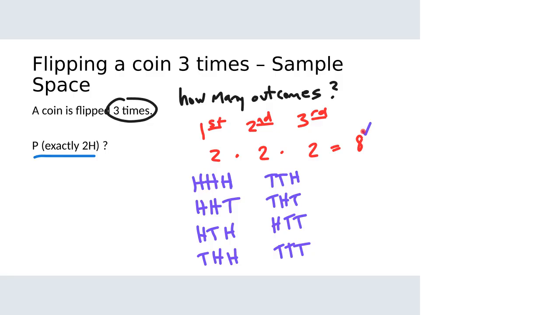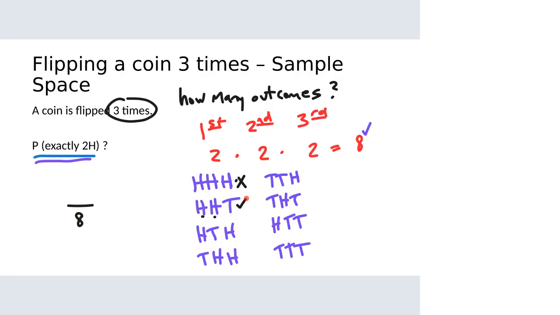And so now we want to know the probability of exactly 2 heads. I can see just by looking at them that there are 8 different outcomes. So it's going to be 8 outcomes, and we just have to figure out how many successes there are. Exactly 2 heads. Exactly means no more, no less. There's 3 heads here, so that's no good.